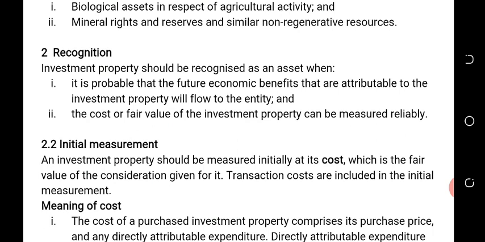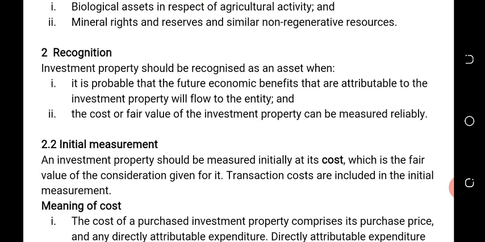These are the two major criteria for you to recognize an asset, be it IAS 16, IAS 2, or IAS 40. These two criteria are almost the same in all these standards I just listed.